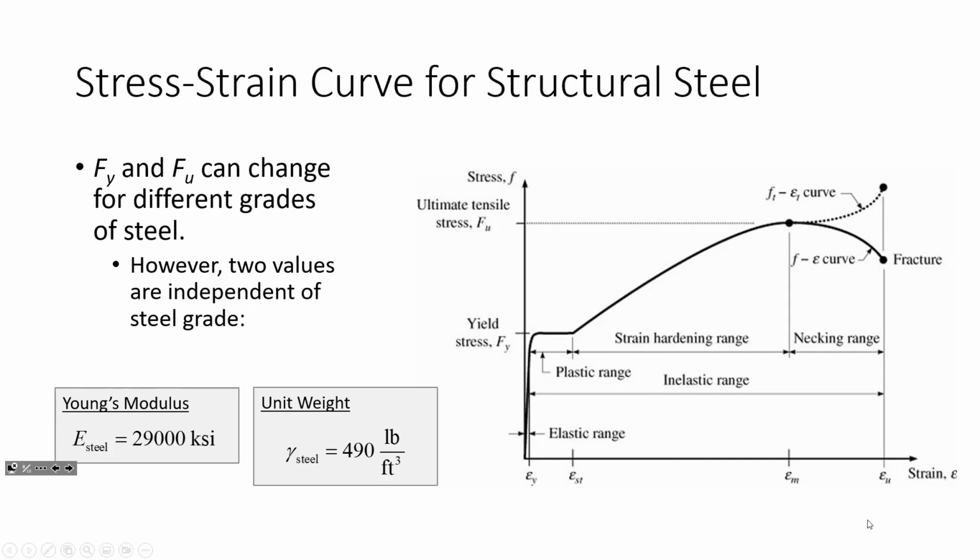Now, what happens for steel is right as you pass the elastic range, we have this plateau region called the yield stress. This is when the element has, we've passed the elastic range and we enter this plateau region.